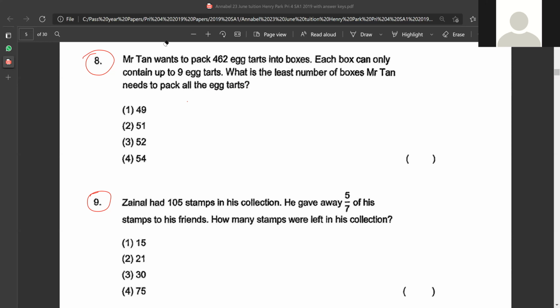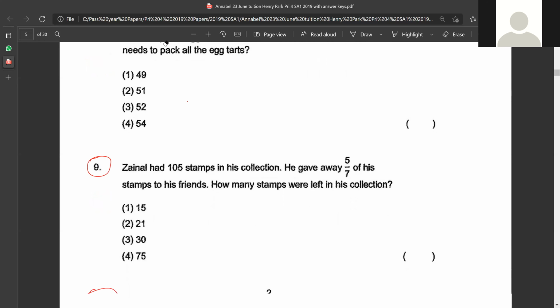Imagine you want to pack 462 8 cards into boxes, and every 8 card must be put into the boxes. So how many boxes do you need? Of course, there's a remainder. What are you going to do with the remainder? You're not going to throw it away, right? So the remainder you're going to put inside a box. So there's an extra box.